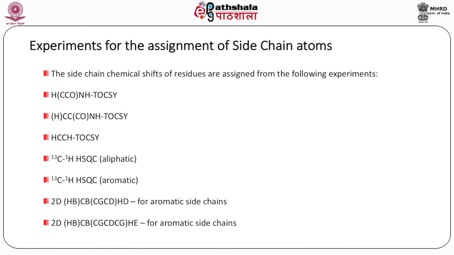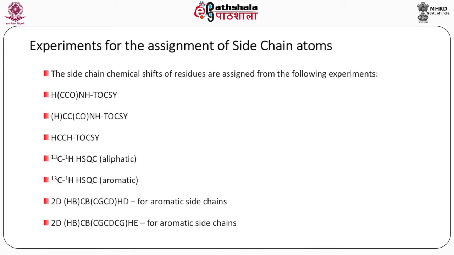Now, let us look at the experiments for the assignment of side chain atoms. The side chain chemical shifts of residues are assigned from the following experiments: H(CCO)NH-TOCSY, (H)CC(CO)NH-TOCSY, HCCH-TOCSY, C13 proton HSQC for the aliphatic region and the same for the aromatic region.